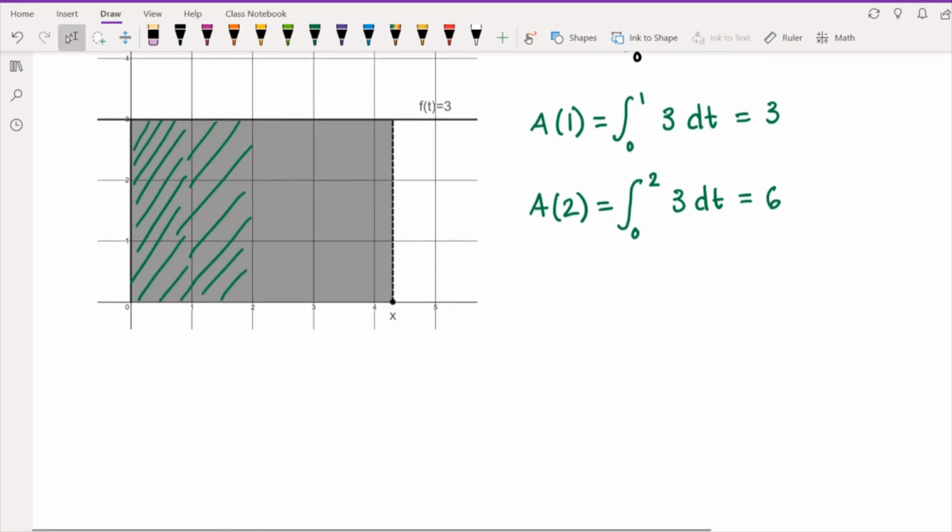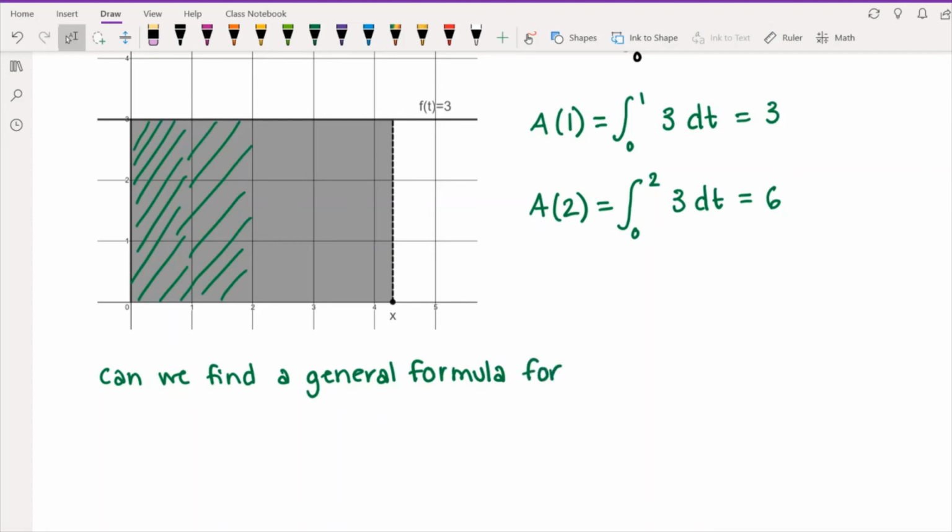But now I want to do something that is actually in this case not too tricky, but a little trickier, which is we want to figure out what's a general formula for a of x. So what do I mean by that?